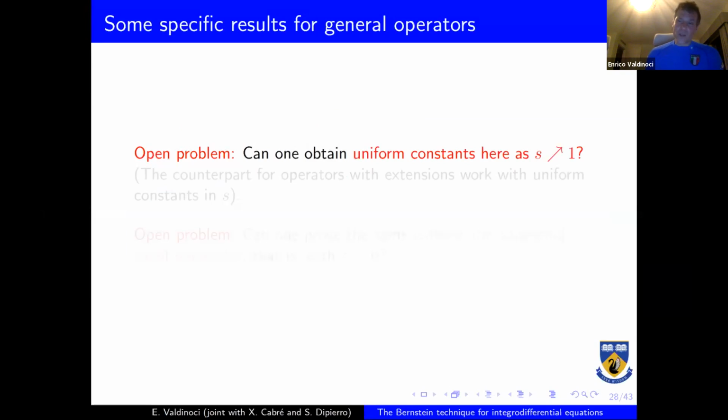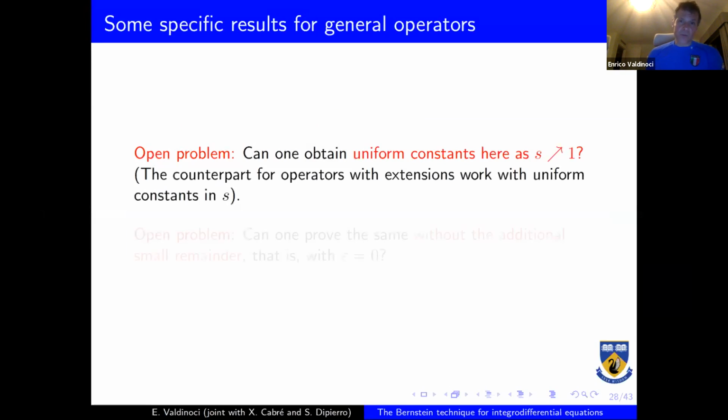So it's a natural question to ask whether or not it's possible to have uniform estimates. And we know that for operators with extension, you can do it. So in principle, it's possible to do it even here, but it doesn't follow from our proof.